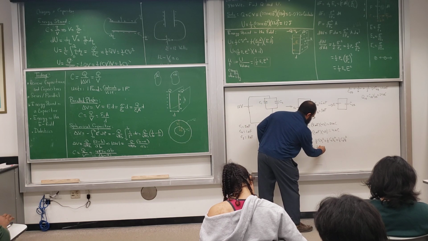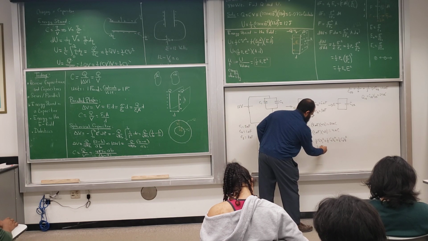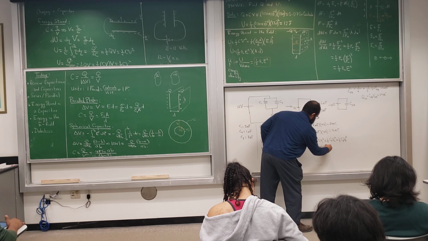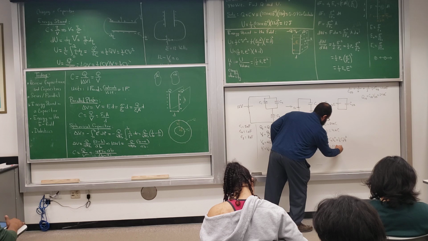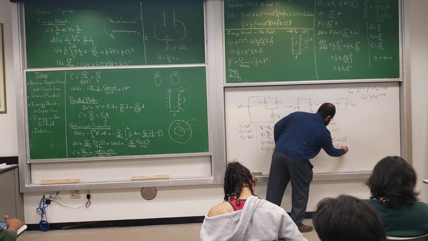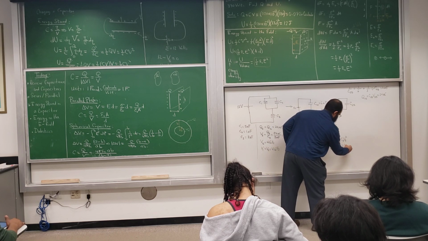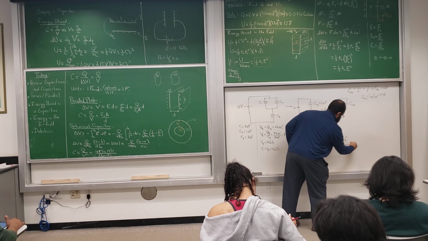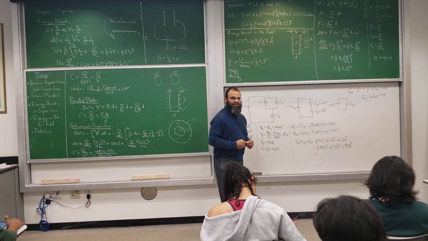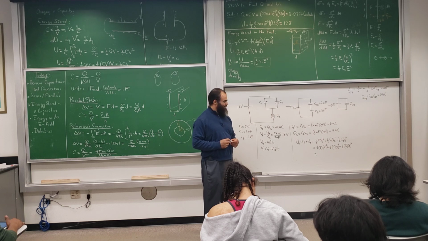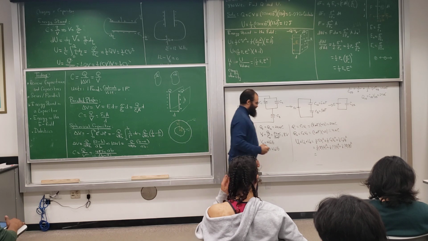What's C1? 5, right? V1 is 4. 1/2. C2 is 1. V2 is 4. And 1/2. C3 is 3. V3 is 8. Squared. And this should give you what? 144.